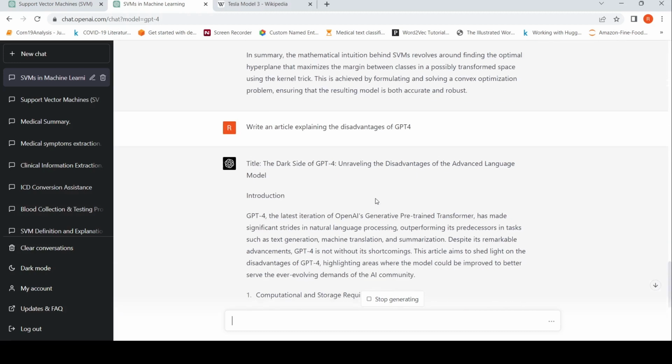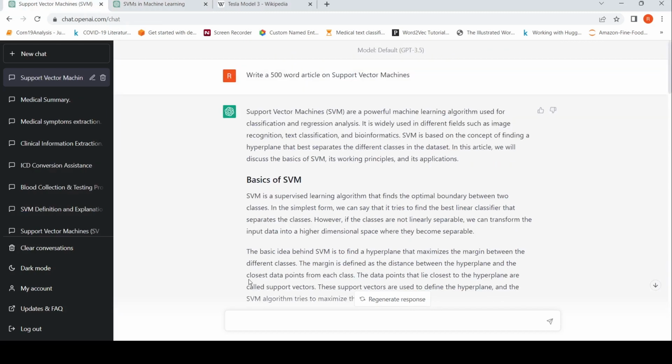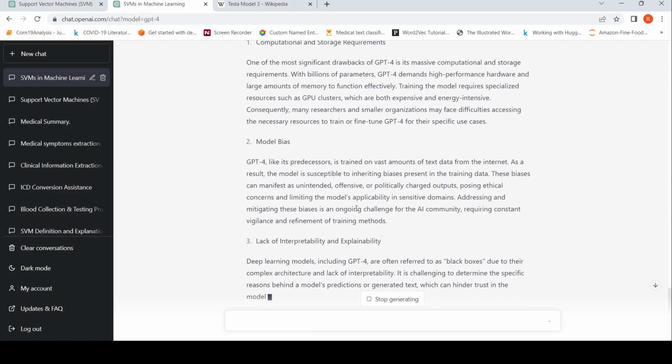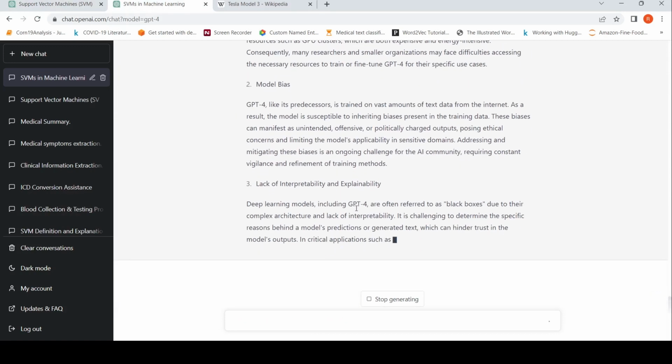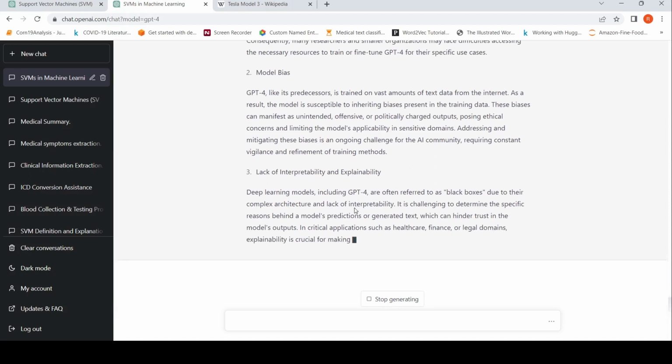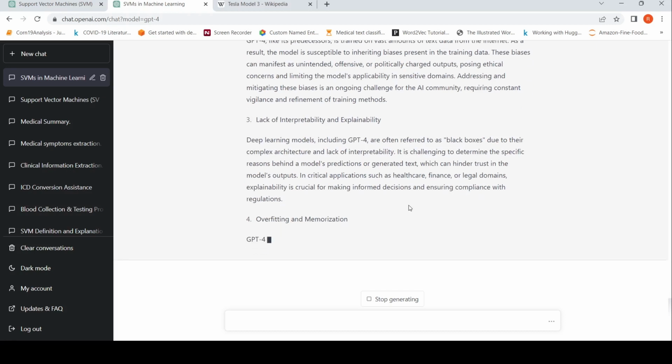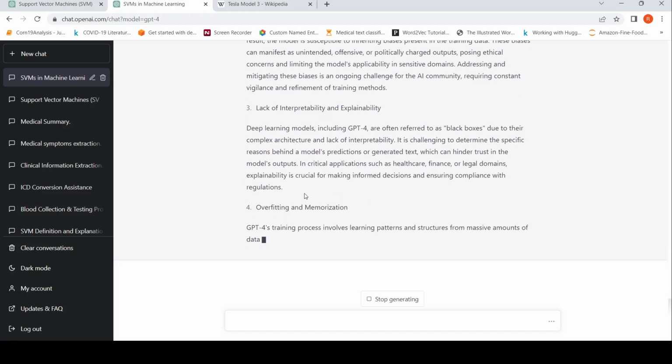Once this article is done, I will try the same thing on GPT 3.5. Let me just copy it and keep it ready. Lack of interpretability and explainability. Obviously, they're black boxes, so in critical applications such as healthcare, finance, or legal domains, explainability is crucial.